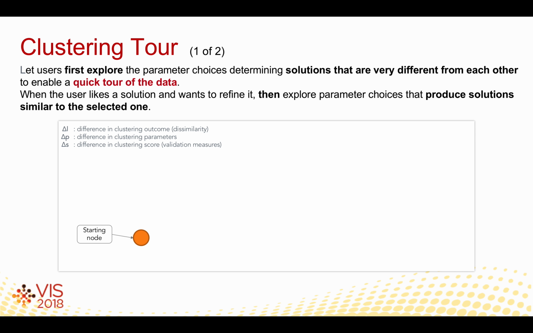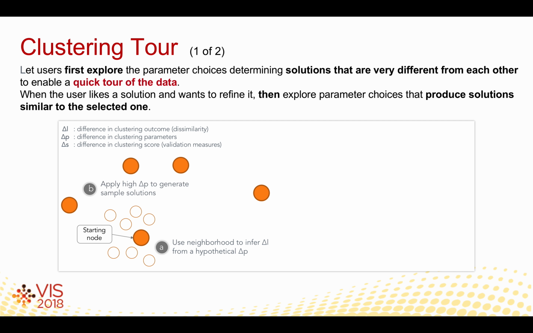So the idea is that we start from an initial clustering solution, and then we try to modify clustering parameters slightly in the neighborhood, and we try to estimate how delta L would change with an applied delta P. After this step, we sample solutions in the space, applying hypothetical delta P's, and we select one that is very distant from the current one.